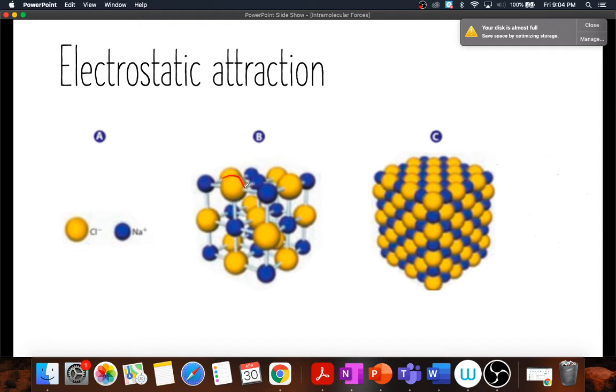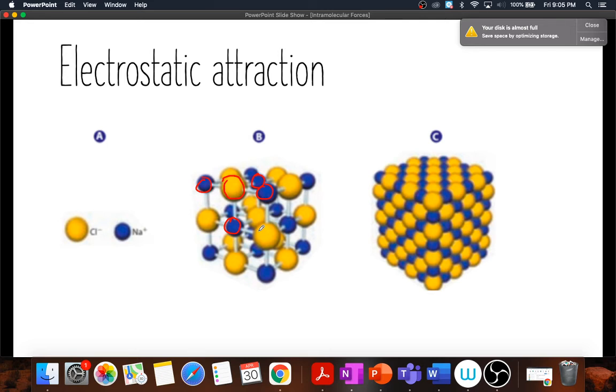This particular chloride ion is attracted very strongly to all of the blue sodium ions that it's right next to. And because there's such a large number of these ions arranged in this manner, it takes a lot of energy to break them apart. When we look at properties of ionic compounds later, you will see that these electrostatic attractions play a huge role in the properties that we observe for ionic compounds.